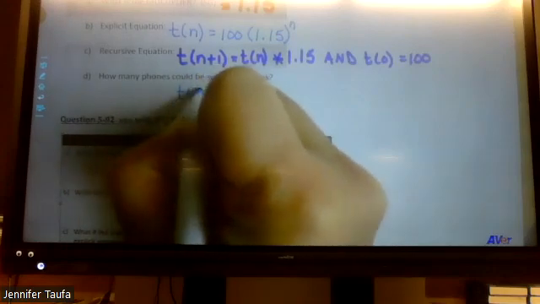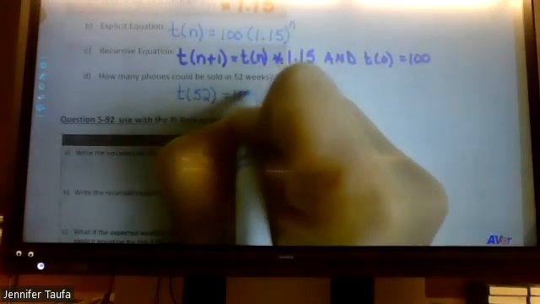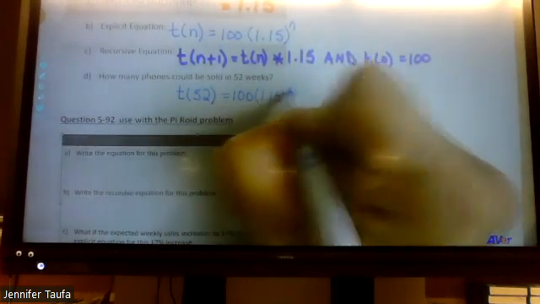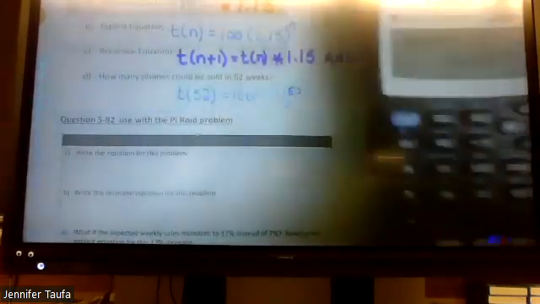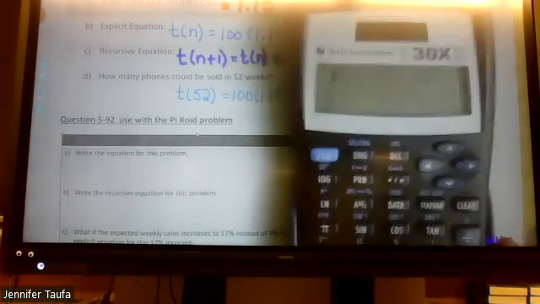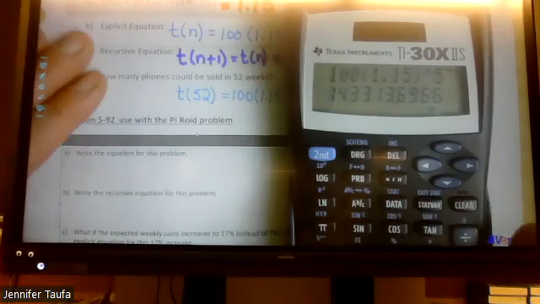So t of 52, wherever I see an n, I'm going to plug in 52. All right, everybody in your calculators, put that in there. 100 parentheses 1.15 parentheses caret to the 52 power. Ooh, that is some fabulous profit there.